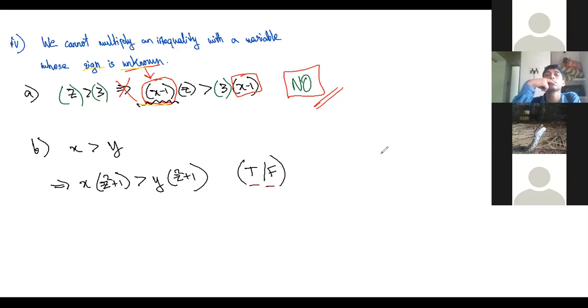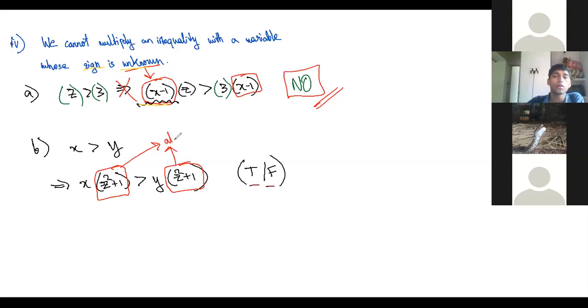So if we multiply it with a positive number, for example, if we take x as minus 1 and y as minus 10, as you took, and we multiply both numbers with 2, the values will be minus 2 and minus 20, where x is greater than y. See, anyway, the only important point here is that this quantity is always positive.